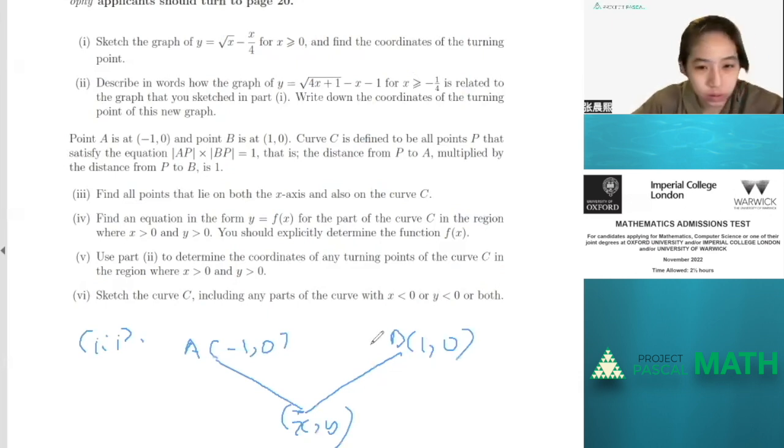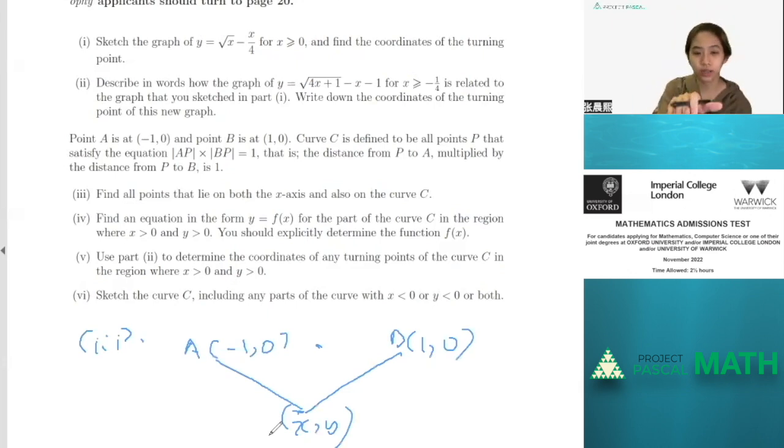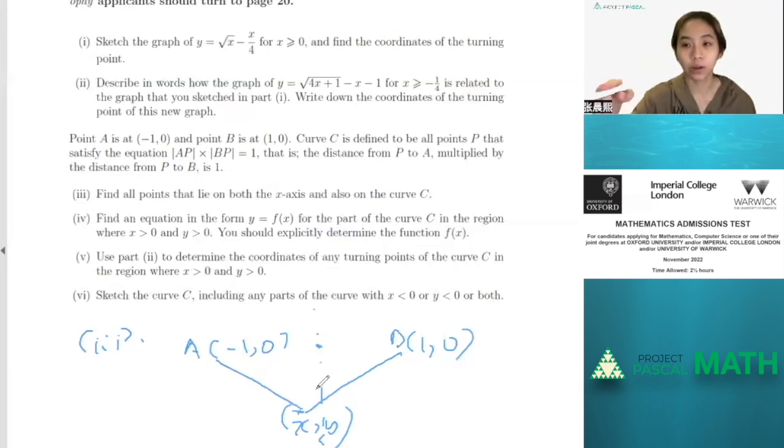Okay, there is going to be a symmetry about the origin, because that's where the point is, and it takes the product of the distances from this point P to the 2 points.